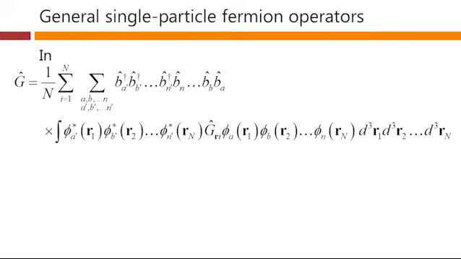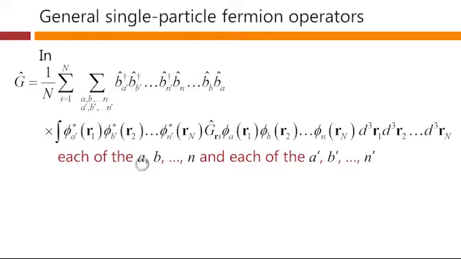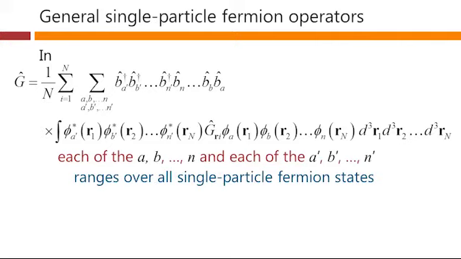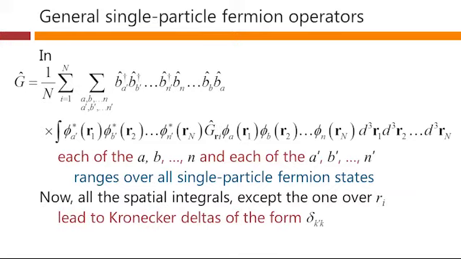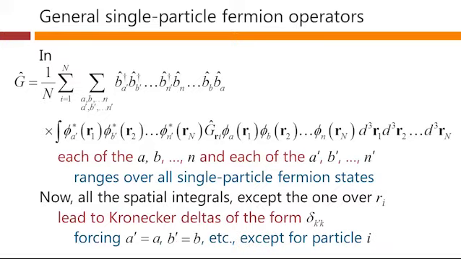In this expression then, each of these a's and b's and so on up to n, and each of the a primes and b primes up to n prime, ranges over all the single particle fermion states. And now all the spatial integrals except the one over r_i lead to Kronecker deltas of the form delta k prime k, forcing a prime equal to a, b prime equal to b, and so on, except for particle i.